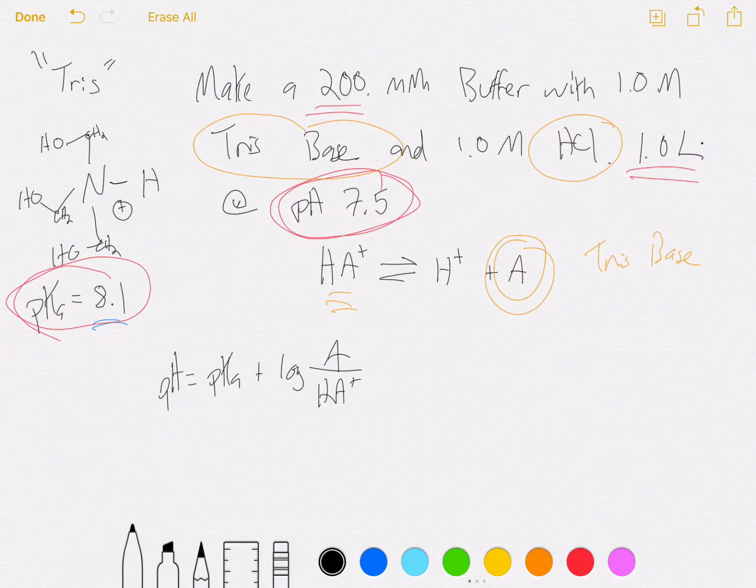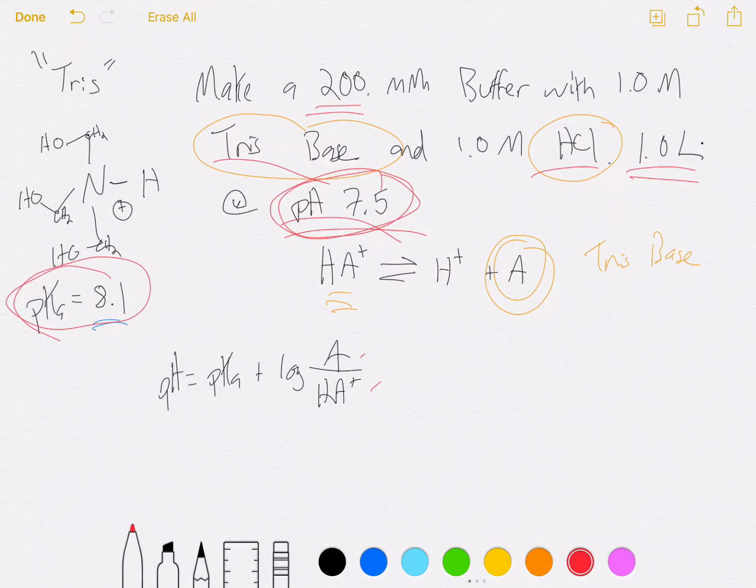All right, and so just before we get to the end here, what we're going to eventually solve for is, at equilibrium, an amount of A and HA that give us pH 7.5. We're going to have a certain amount of A and a certain amount of HA given our target pH and our pK value, and we're going to make it with these two stock solutions, tris base and HCl.